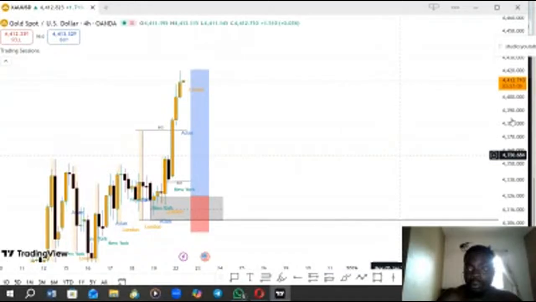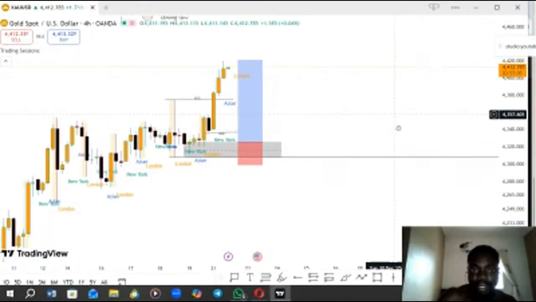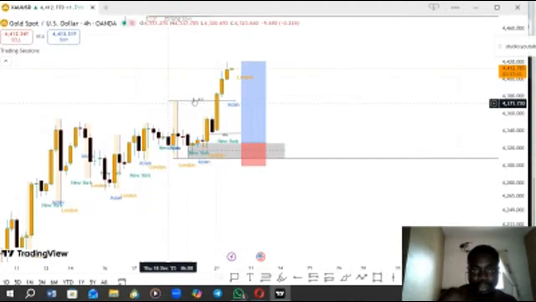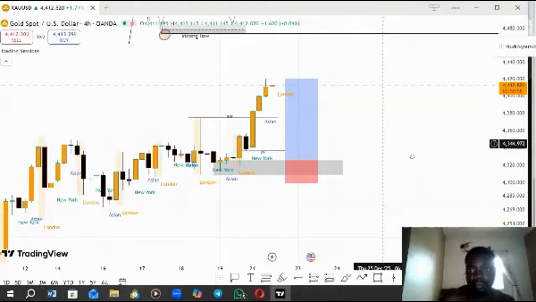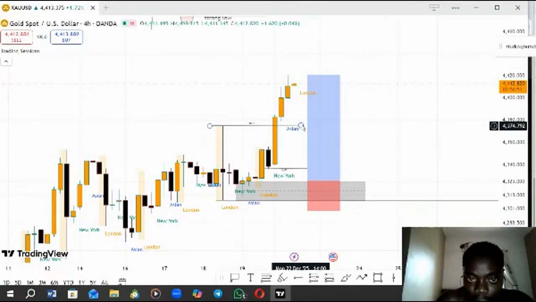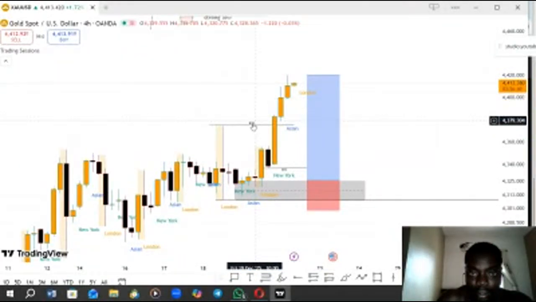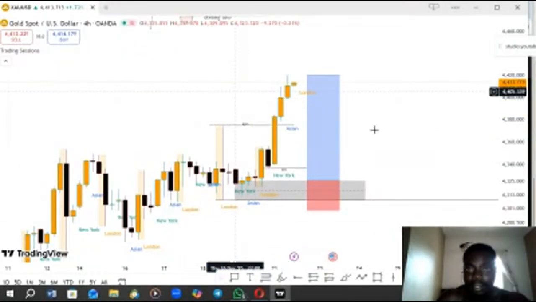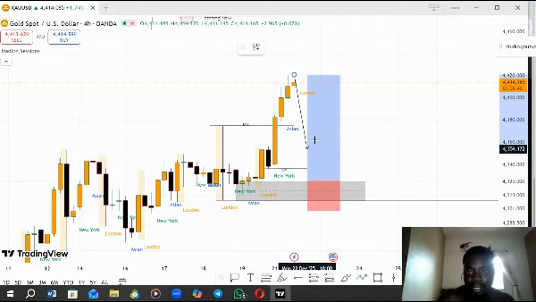It is very obvious that this is where we had our break of structure on the 4 hour time frame. So that means every other structure you are seeing inside this range as price pulls back are internal structures.